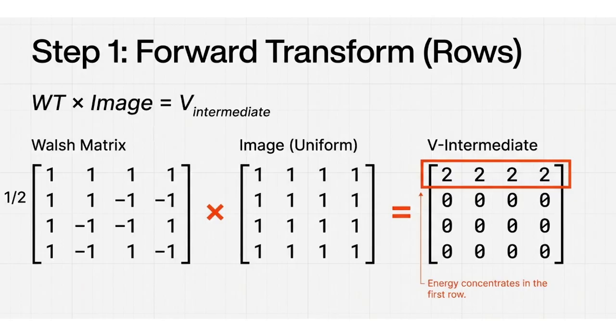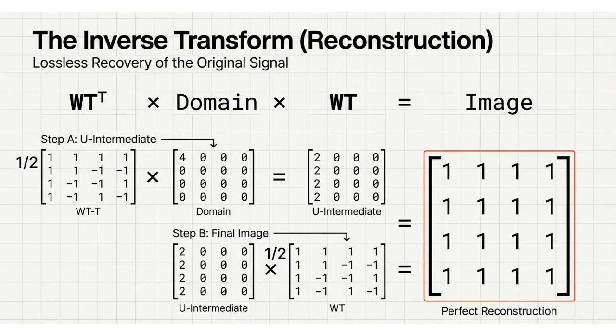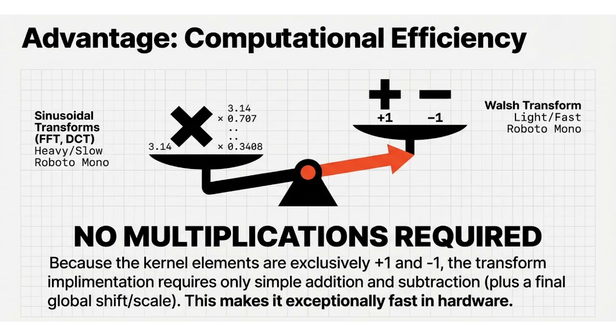Okay, forward transformations, the examples are given. So again over here, if you see, for the highly correlated data, every other parameter is 0, and over here it is 4. So it is in the first pixel we get all the energy. Okay. So when you perform the inverse transform, you get back to the original image, right?